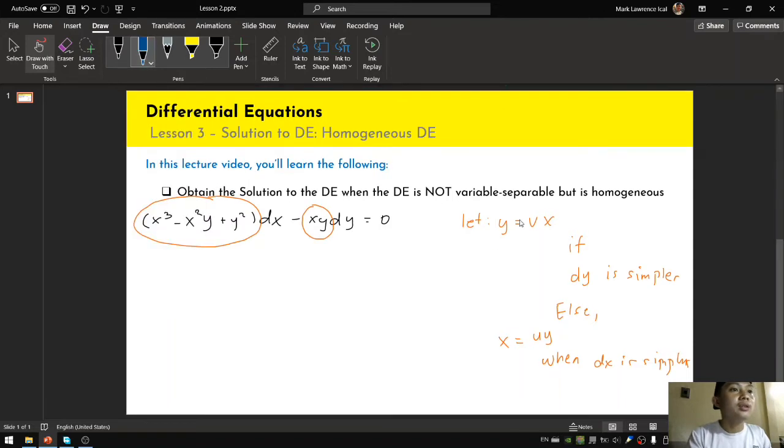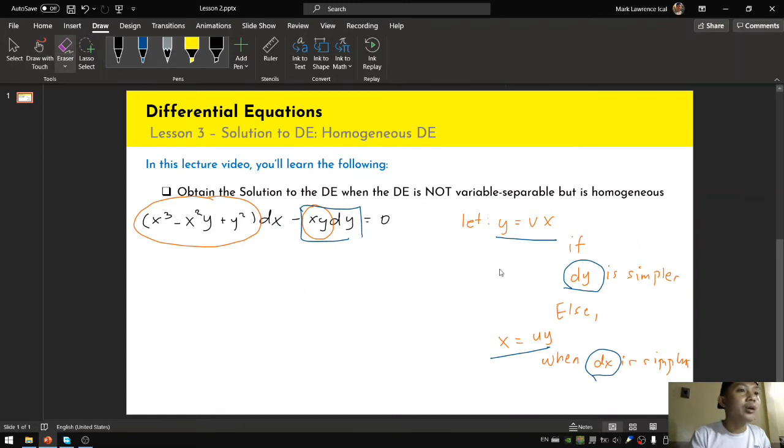Okay, so if dy is simpler, you use y is equals to vx. Else, if dx is simpler, use x is equals to uy. Now, if we're going to look at these two, ang haba-haba ng dx, ang ikli lang ng dy. So, which is simpler, dy or dx? Yeah, it's gonna be dy. Okay? So, since that is the case, you're going to use y is equals to vx.